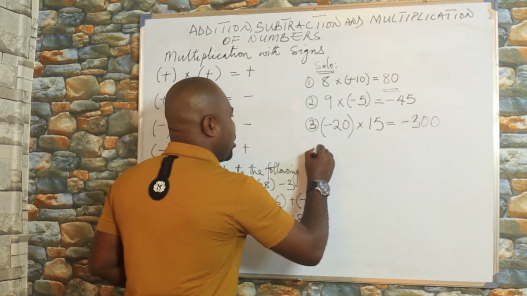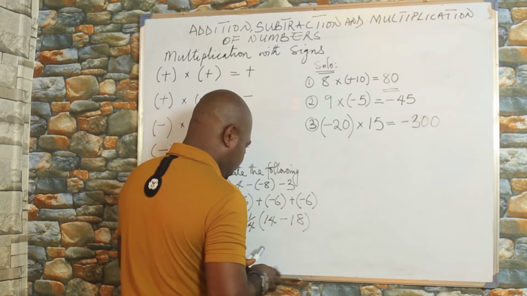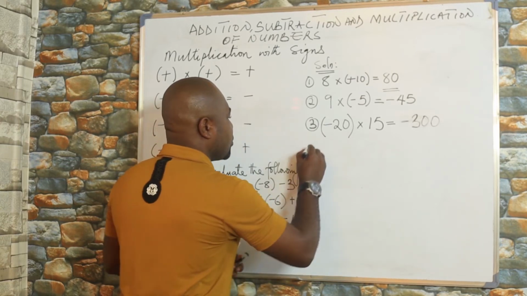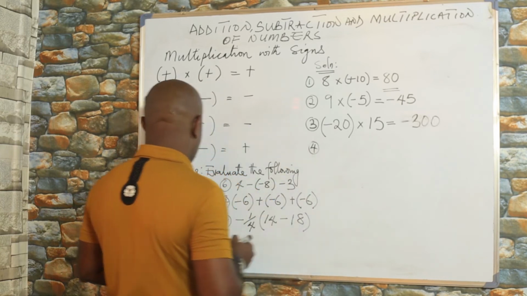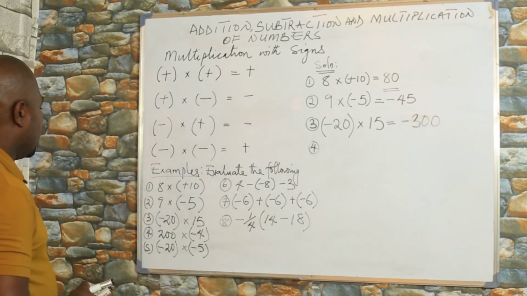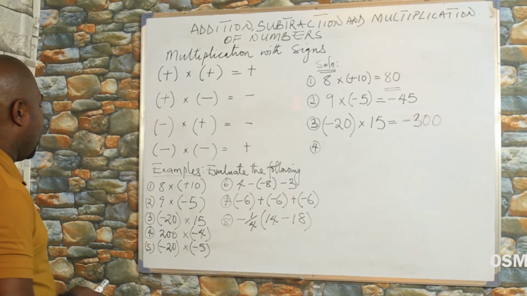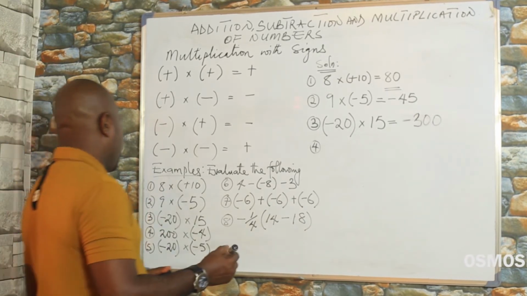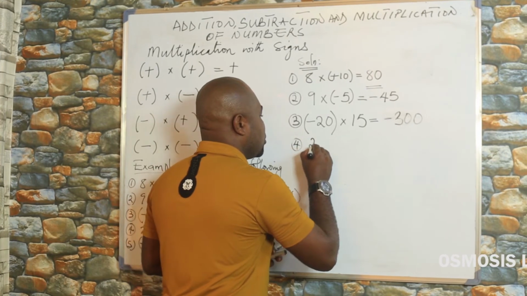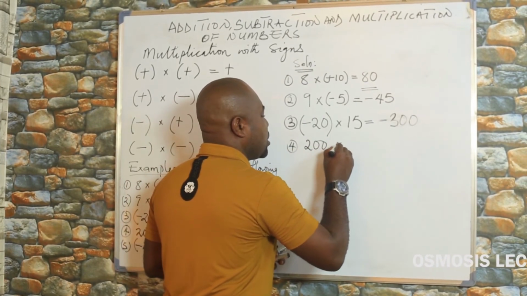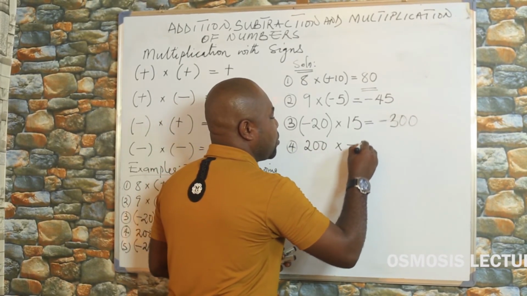Now let's take quick number 4. 200 times minus 4. 200 multiplied by minus 4.